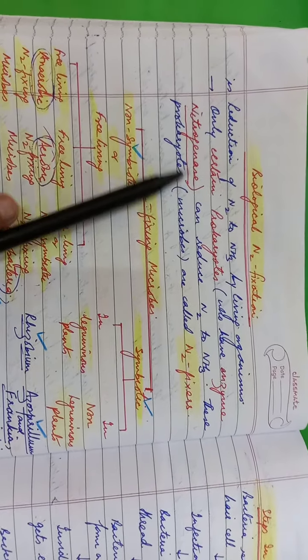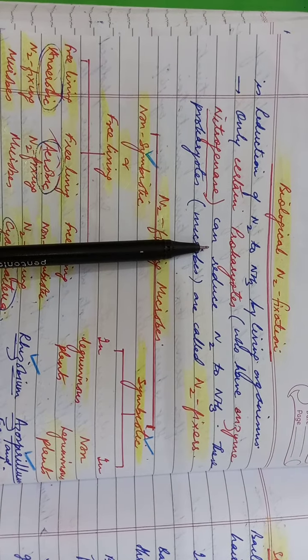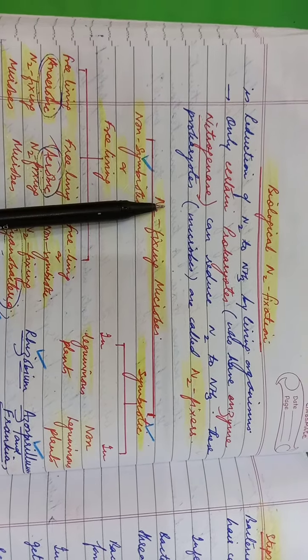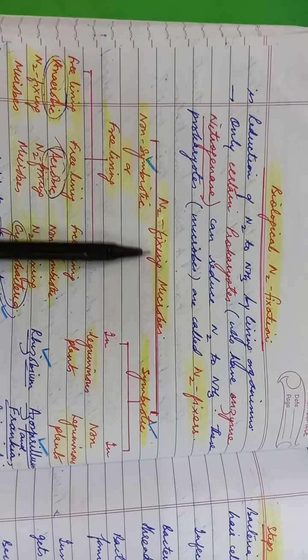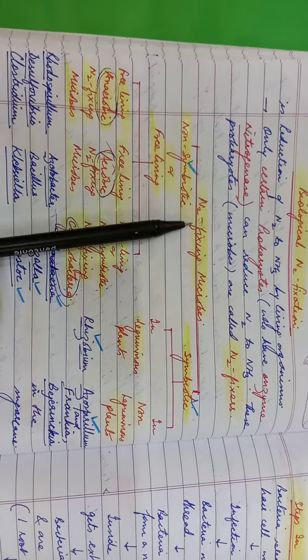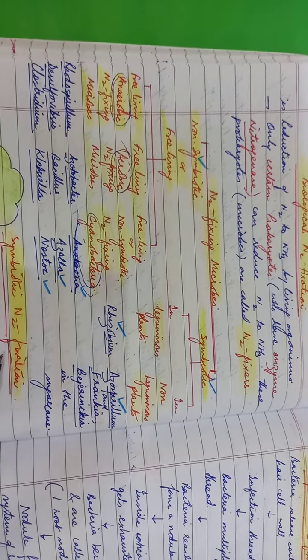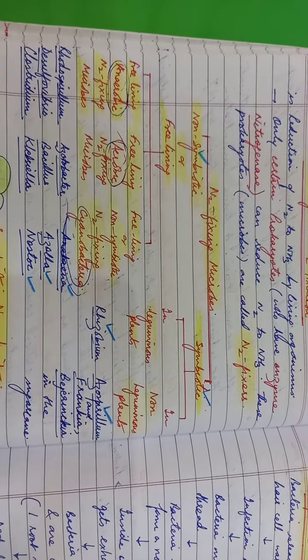It's done only by certain prokaryotes. And why? Because they have an enzyme called nitrogenase, which is a must for nitrogen fixation. So this is the table that I have given, and in my next video I am going to start from symbiotic nitrogen fixation. Thank you.